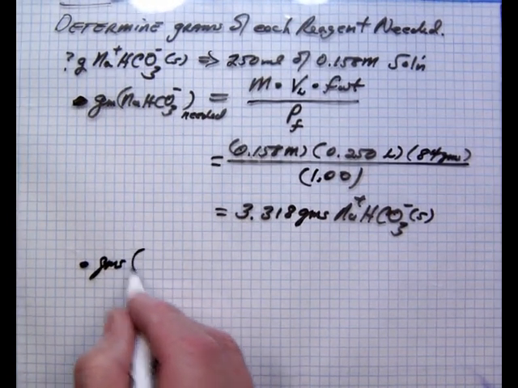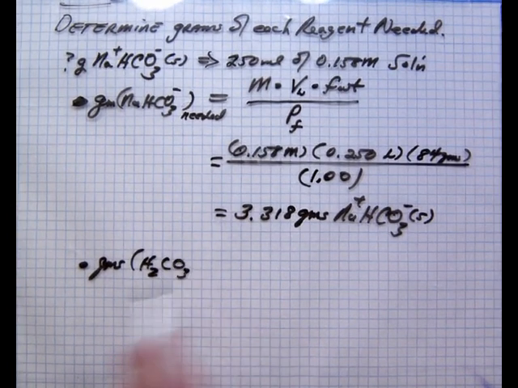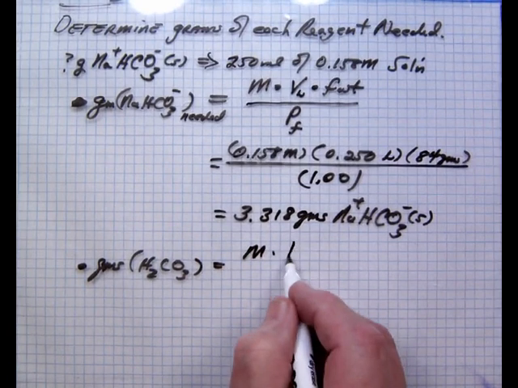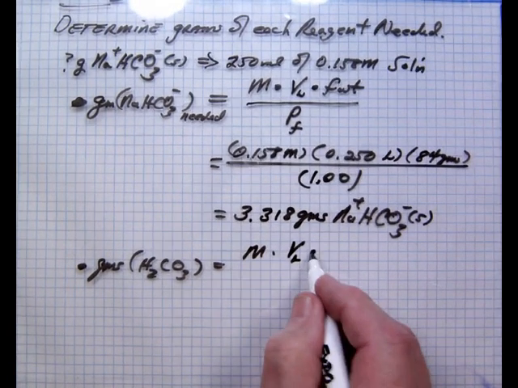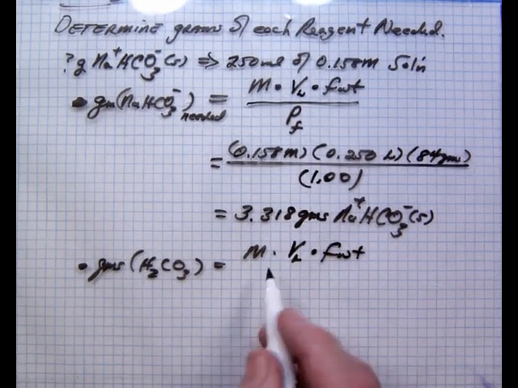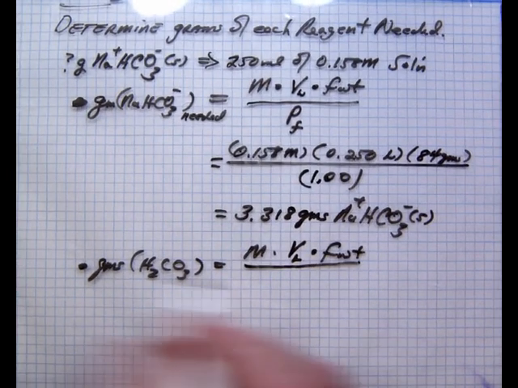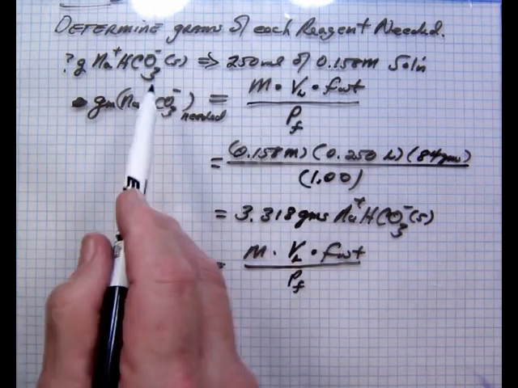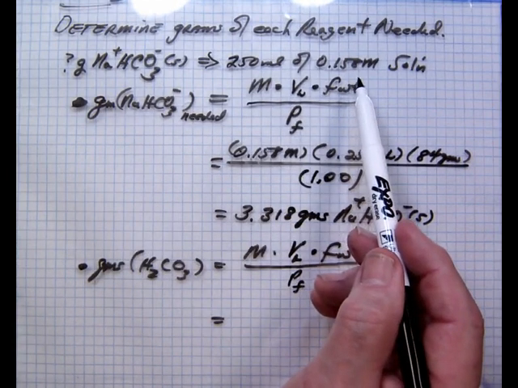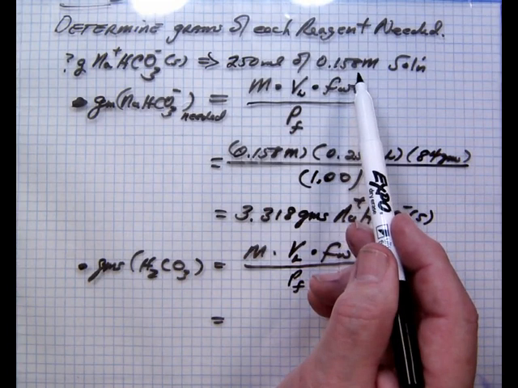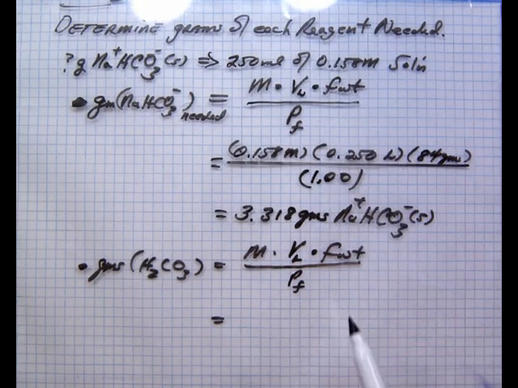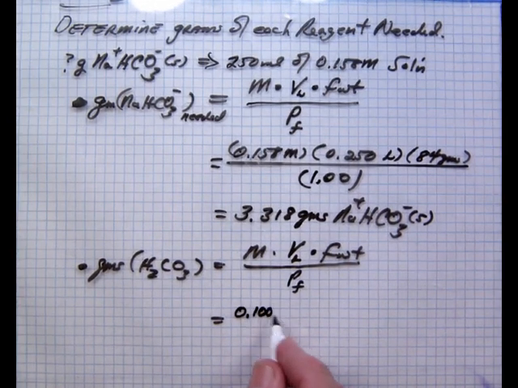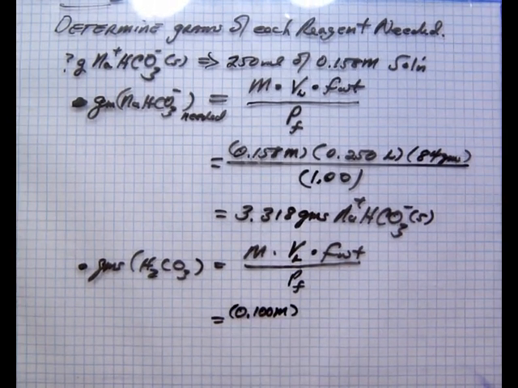Grams of H2CO3 is equal to the same issue: molarity times volume of the buffer solution times the formula weight divided by the purity factor. In this one, the carbonic acid would be 0.158 to 0.1, so the molarity we're looking for is 0.100 molar in the carbonic acid.